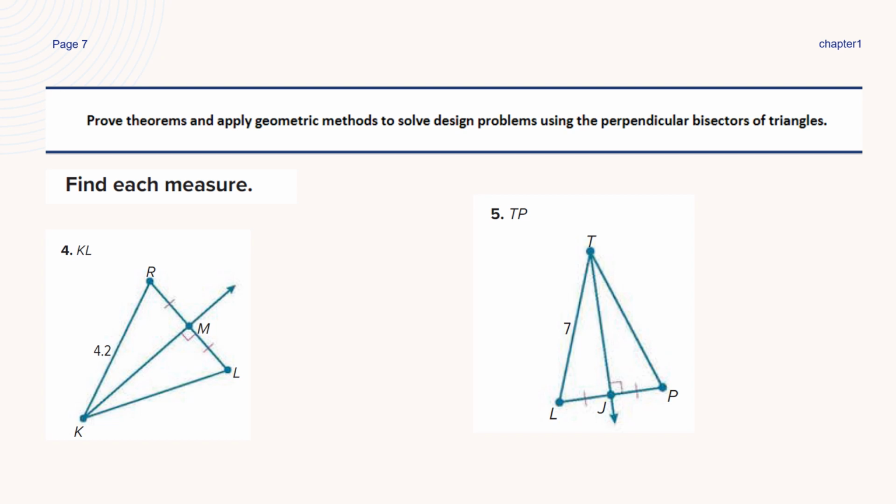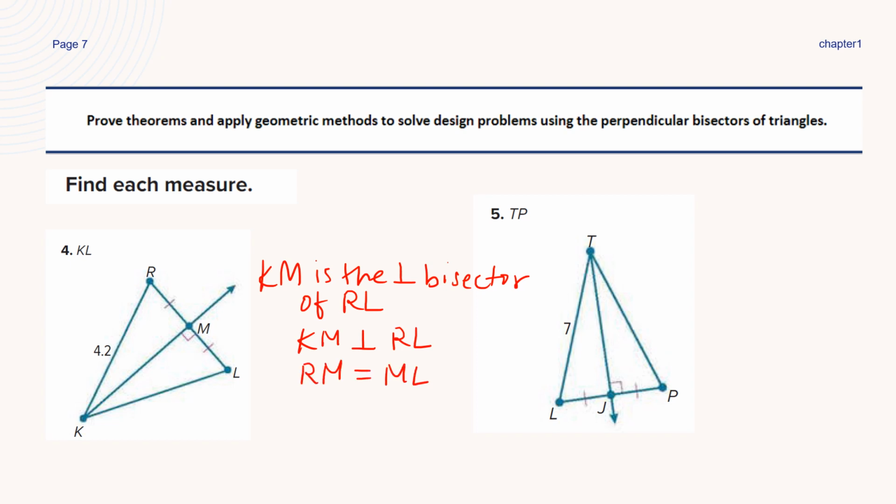Okay, so let's solve the theorems on perpendicular bisector of a triangle. So here you see that KM is the perpendicular bisector of RL. So KM is perpendicular to RL. Also, RM is equal to ML. This and this are equal. Then by the theorem, KR and KL are also equal.